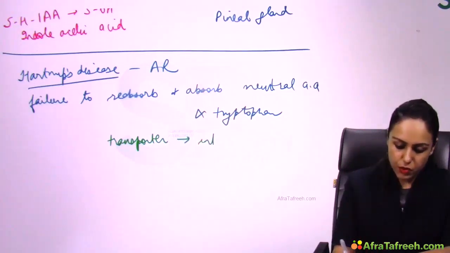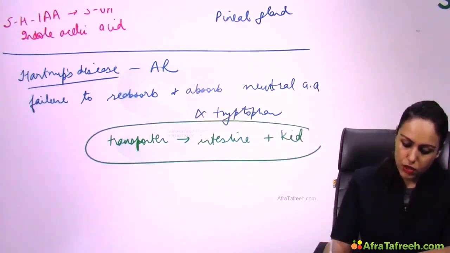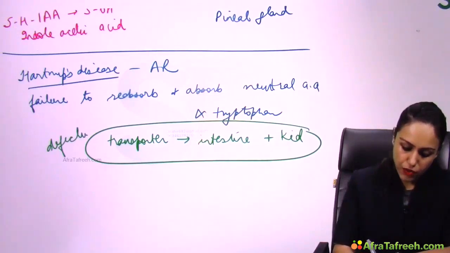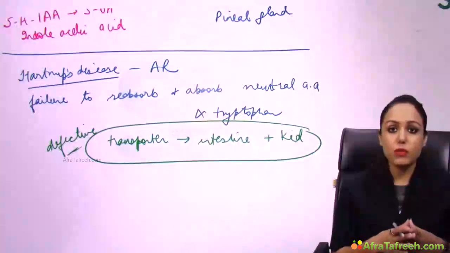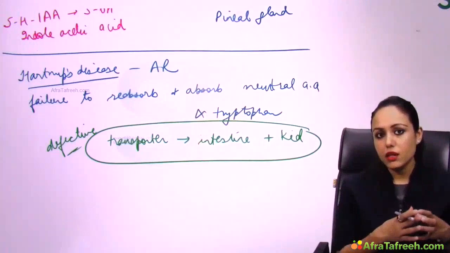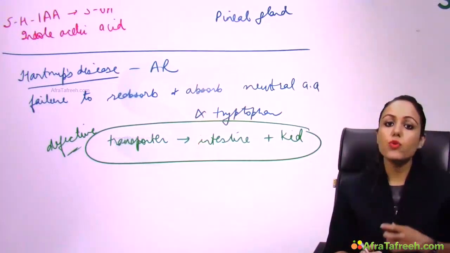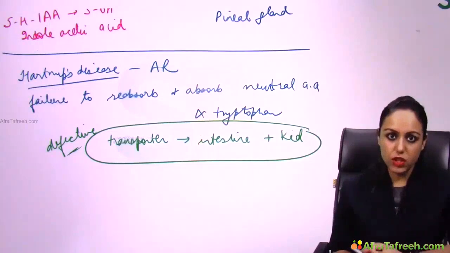The transporter is present in intestine also and in kidneys also. This transporter is defective here, so this patient is unable to absorb this tryptophan, mainly tryptophan amino acid involved here. This patient is unable to absorb it from intestine and unable to reabsorb it from the kidneys also.